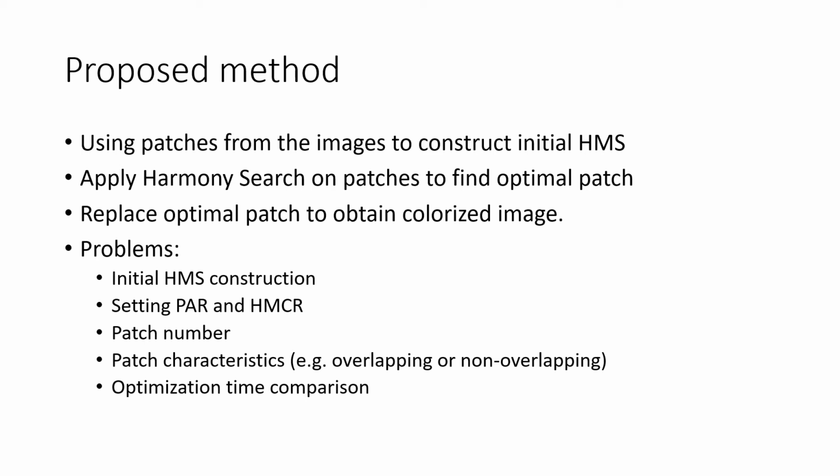The theory sounds really easy, but the problem I'm facing right now is, first of all, how to construct the initial harmony search matrix. Second is how to set the pitch adjustment rate and harmony memory consideration rate, because these two values will be responsible for the variation in the data.